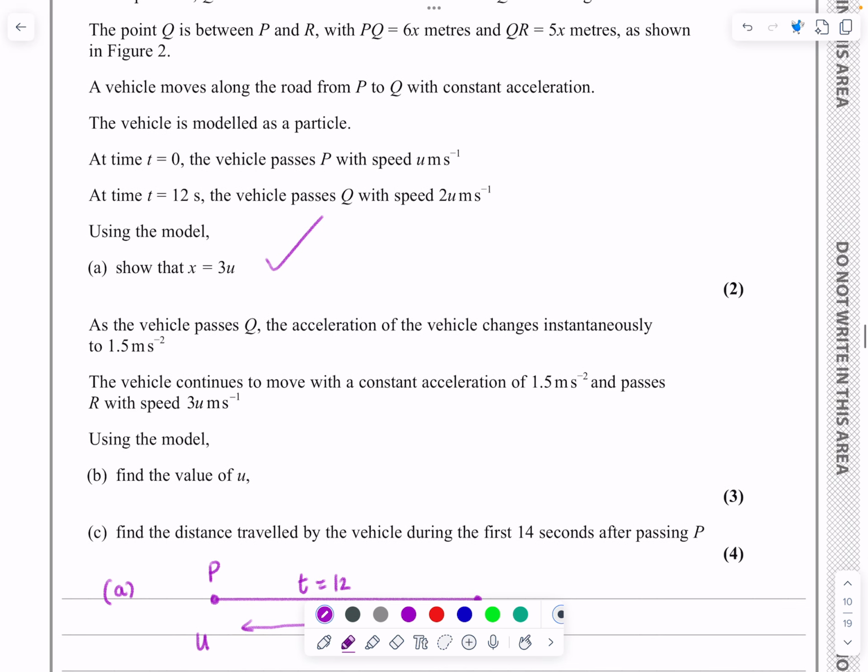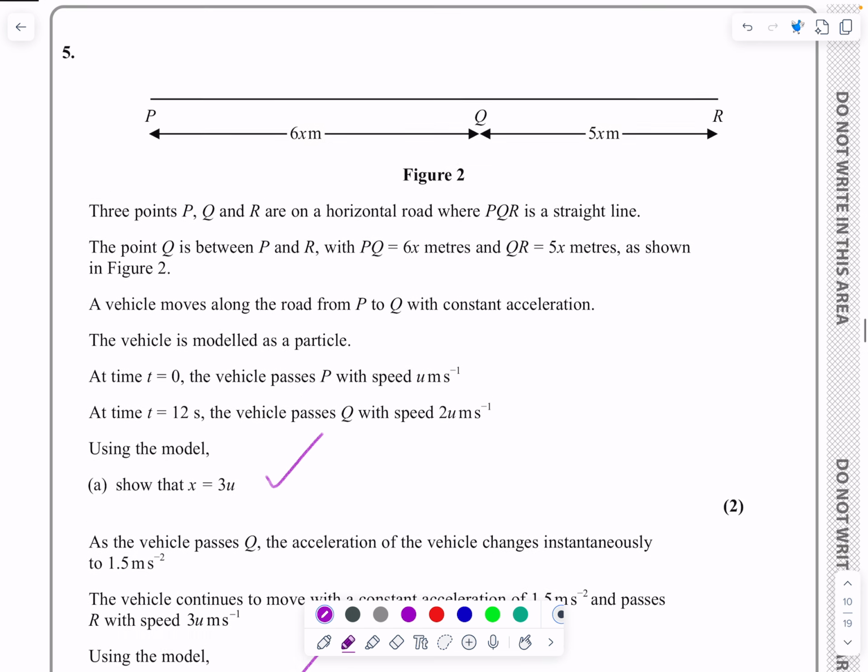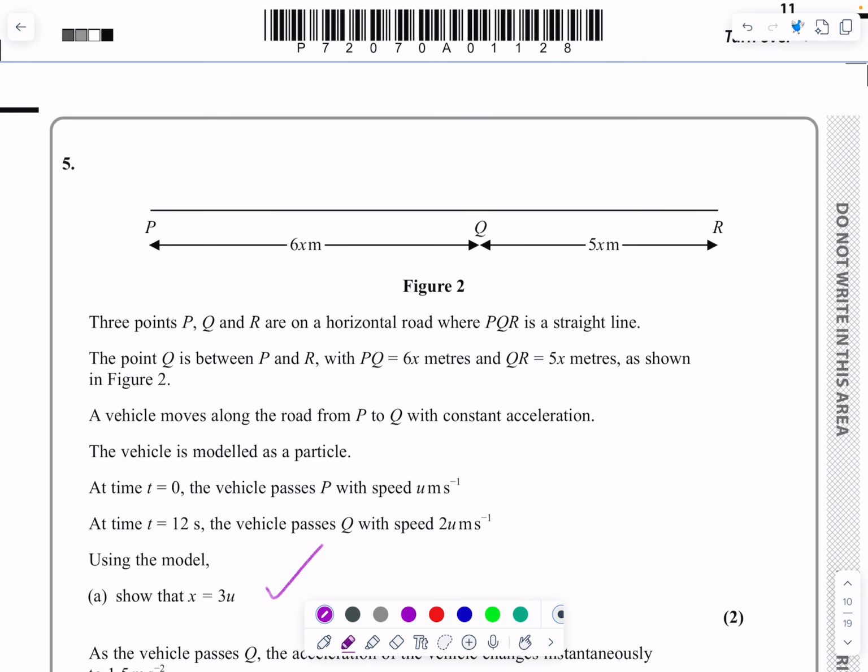Find, using the model, the value of u. And then part C says, find the distance travelled by the vehicle during the first 14 seconds after passing P. So let's just go back to this diagram and remember, it does 12 seconds there, so it will do a further 2 seconds in the journey from Q on the way to R, but it won't quite get there.